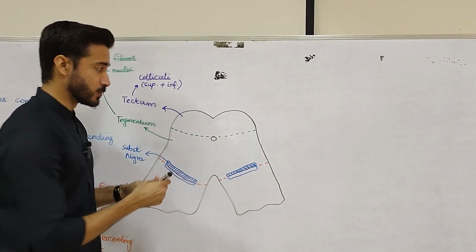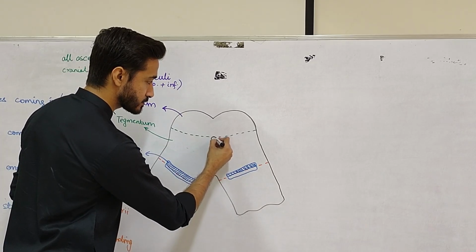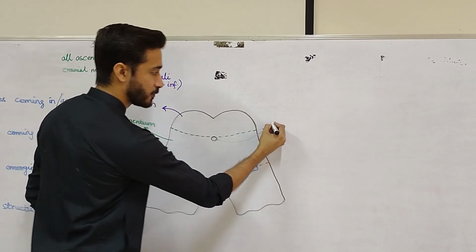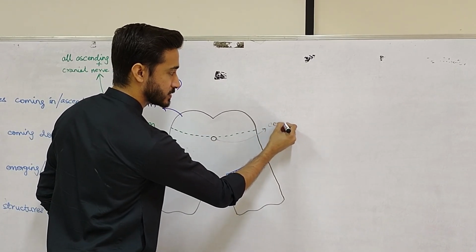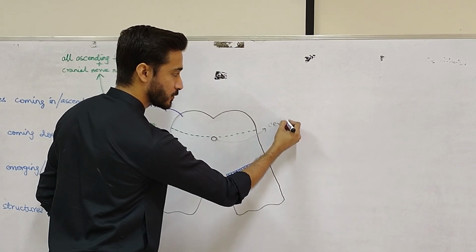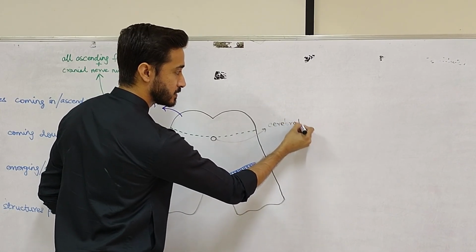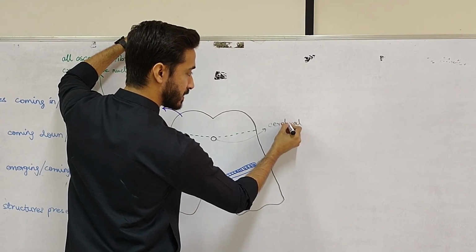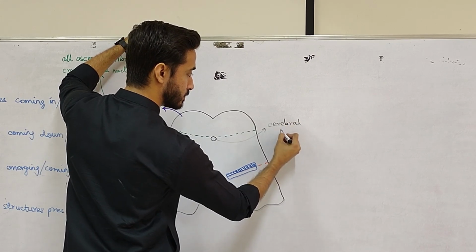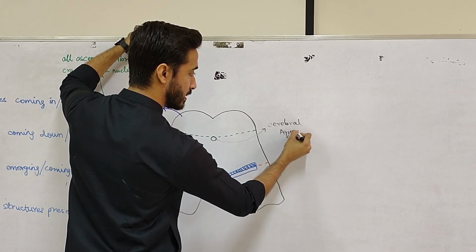So this is the cerebral aqueduct that you have to draw. And what would it have? Yes, it's going to connect the third ventricle with the fourth ventricle, and it would have CSF, so cerebral aqueduct.